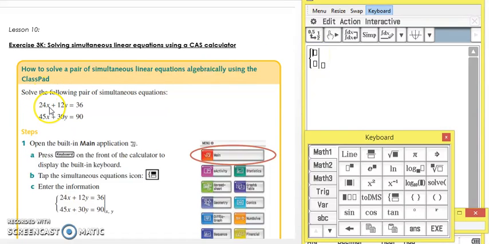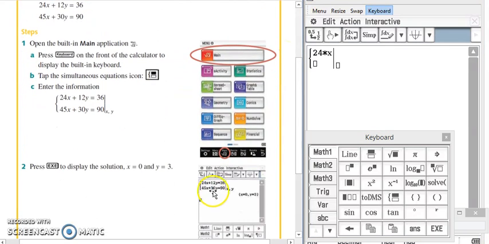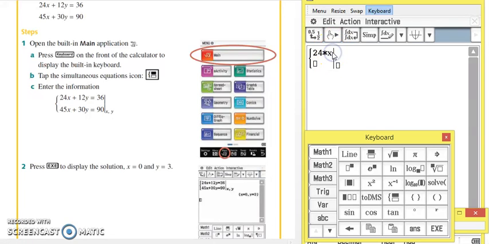So the first one, 24x plus 12y is equal to 36. We're going to go ahead and type that in, 24, and just make sure that you have your times x, not just 24x. The instructions on here indicate that you can just put it straight as 24x, but just to play it safe, always put the times operator in. So it's 24 times x plus 12 times y.